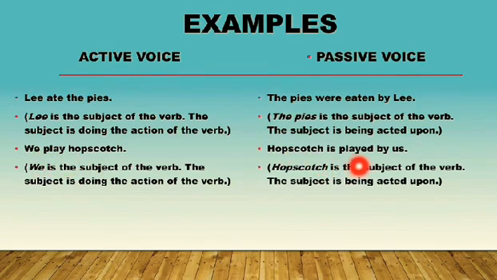And then we will be putting the past participle of the verb play. And then lastly we will be adding by. Then we will be bringing our we in the object's place, but then the we will be changed, and the object form of we will come, which is us.